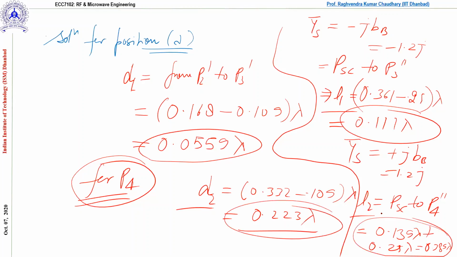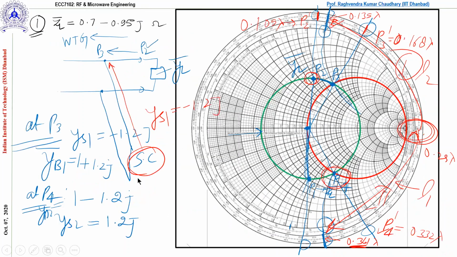Now if you see overall what we are actually doing, once again I'm just making the summary here. First of all, we have to find out the load location. We are going to do it in terms of admittance.